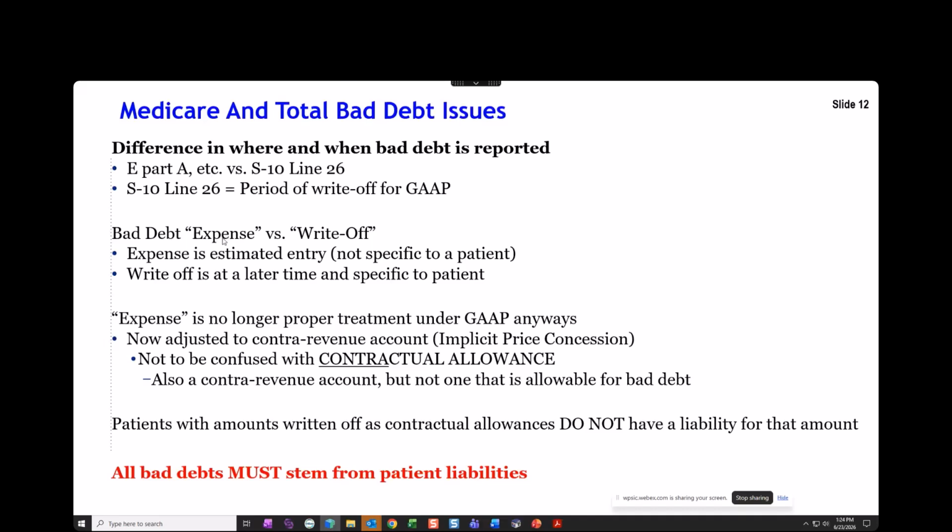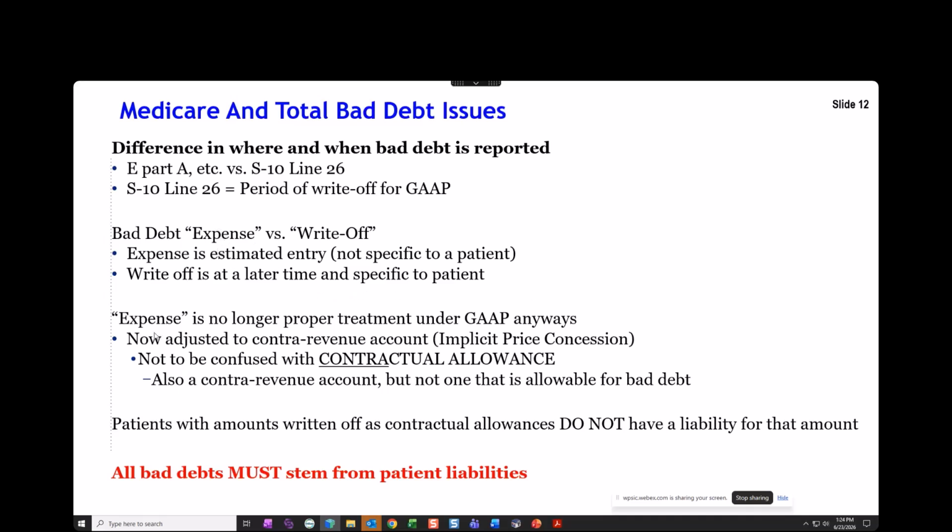It could be 120 days or more after that, and it commonly is, possibly in another period altogether, and that's the timing difference here. So again, the expense is just the aggregate estimate of how many of all the patients that you had and all the dollars that were owed to the hospital might not be collected. It's not specific to a patient, but later on when the write-off occurs, that is specific to a patient, and it's that write-off that we're concerned about for cost reporting purposes.